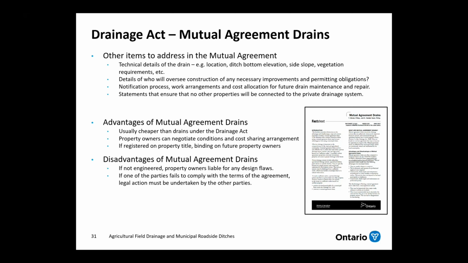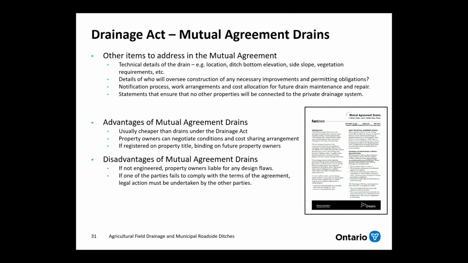Some disadvantages of the mutual agreement drains: if it's not engineered properly, property owners are liable for any design flaws. So you can certainly get mutual agreement drains to be engineered and hire an engineer to do the design, or they could be agreed to by the property owners. And then if one property owner fails to comply with the terms of the agreement, the only way to get recourse is through the courts by the other party.